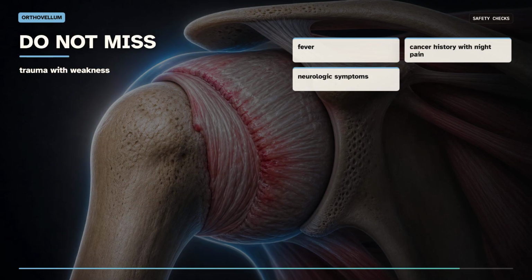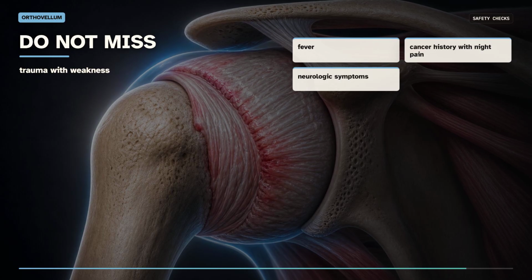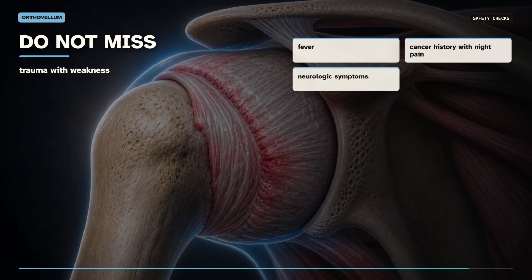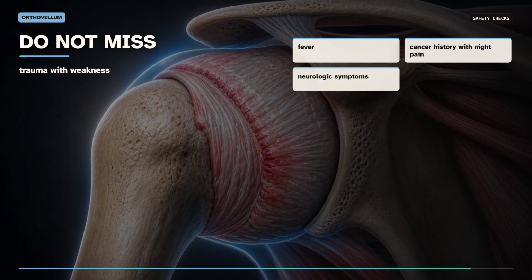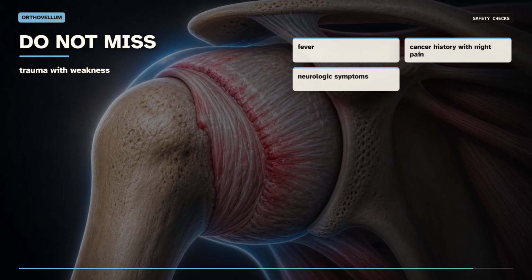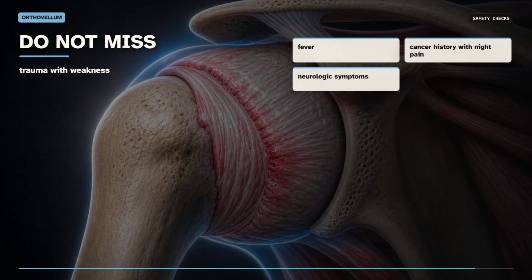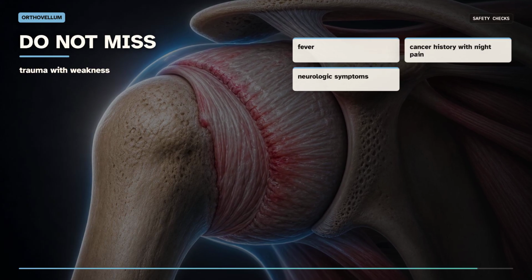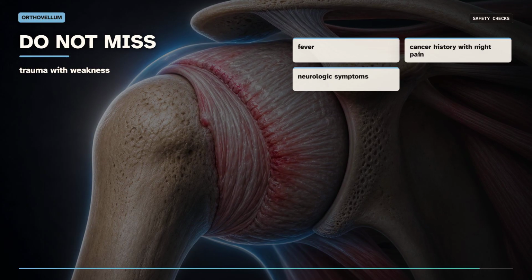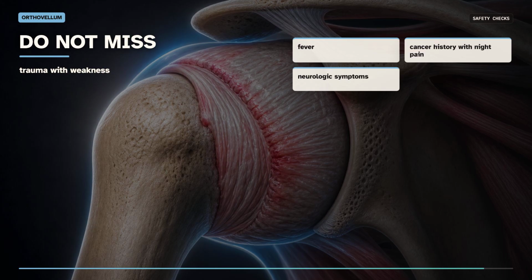Red flags and urgent features include trauma with weakness, fever, cancer history with night pain, neurologic symptoms. Red flags do not mean panic. They mean the pathway changes, earlier assessment, different imaging, or urgent specialist review. For patients, this is the safety net. For residents, this is how you avoid anchoring on a common diagnosis while missing the dangerous one.